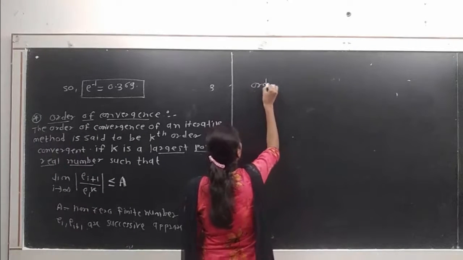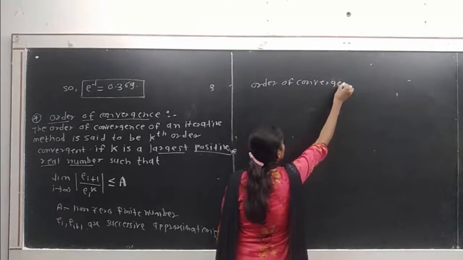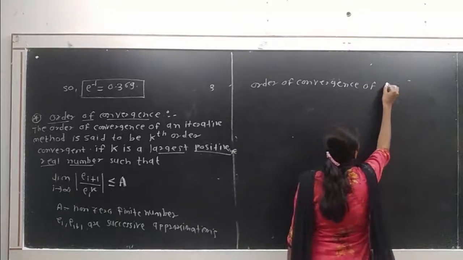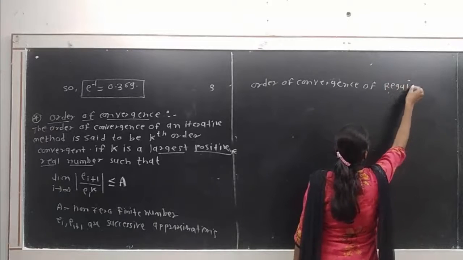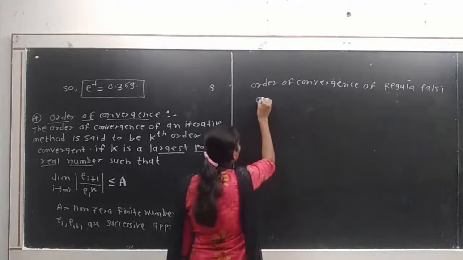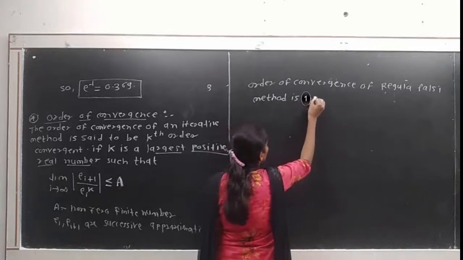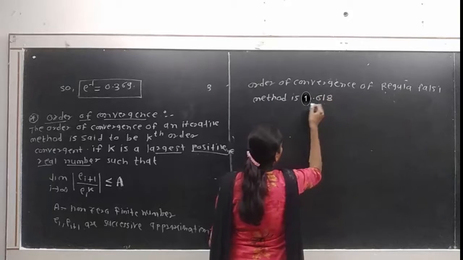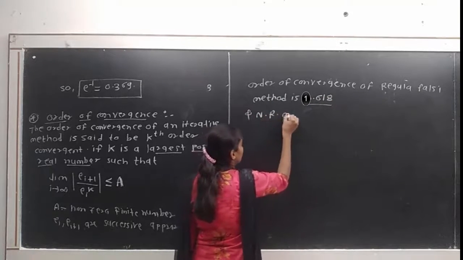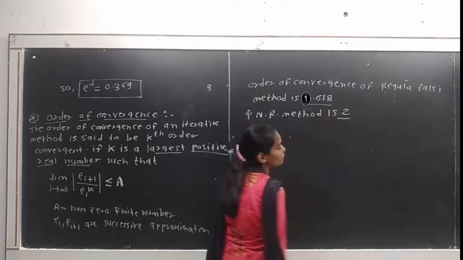Order of convergence of regula falsi method is 1.618 and Newton-Raphson method is 2.